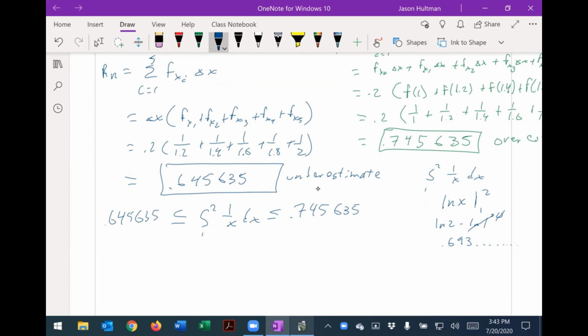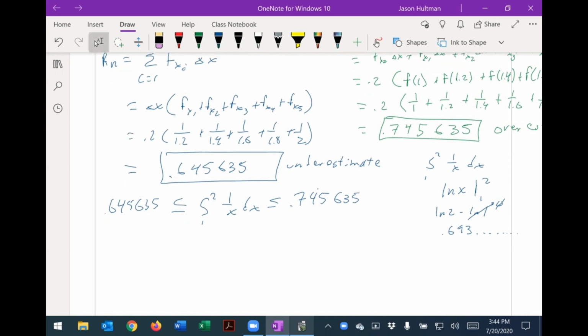Because the overestimate is a 1, but the underestimate is a 1/2, right? So we end up taking off 1/2, but when you multiply 1/2 times 0.2, you take off 0.1. So it works out that they would be very similar, just off by 0.1.